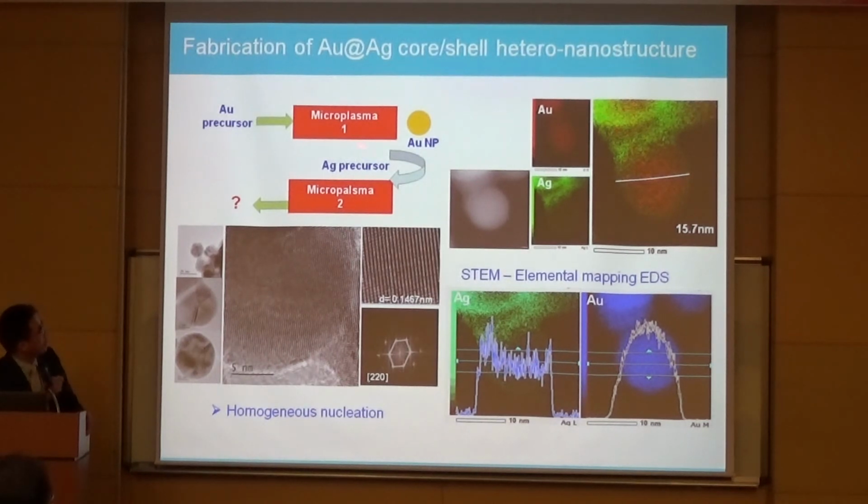Which means that for silver and gold, this chemistry pair in the microplasma chemistry forms a homogeneous nucleation, so that we can have a very homogeneous silver shell outside the gold core, which is totally different from the previous example of graphene quantum dots and silver, which shows a Janus heterogeneous nucleation behavior. But the major reason why we have such a huge difference may be due to the atoms having different lattice mismatch, or could be due to the plasma chemistry being totally different, but we are investigating to know the whole mechanism.